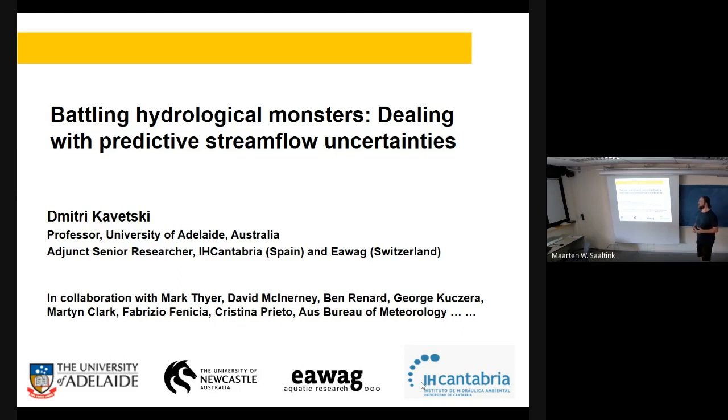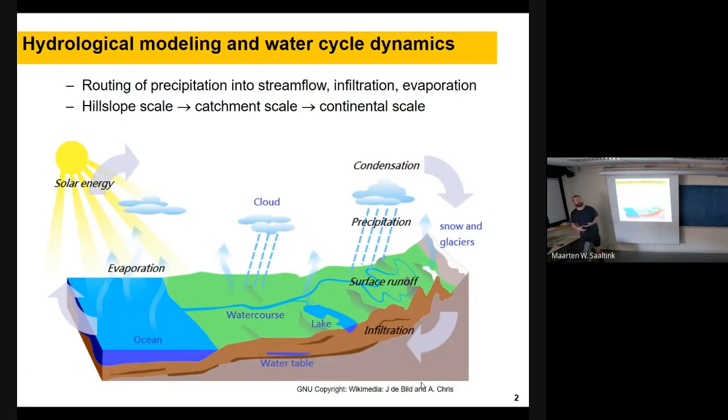The emphasis here is going to be primarily on dealing with predictive uncertainties in streamflow prediction. The context is really the modeling of the water cycle at the catchment scale.